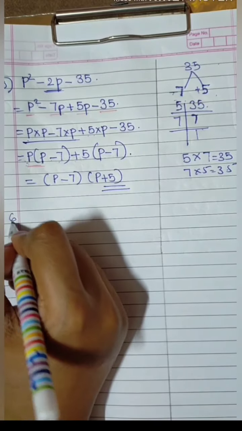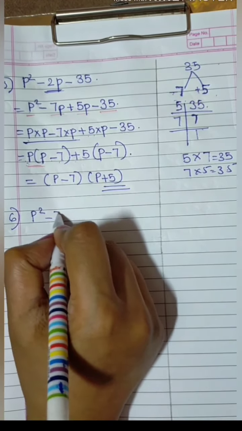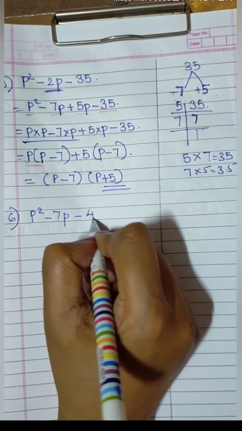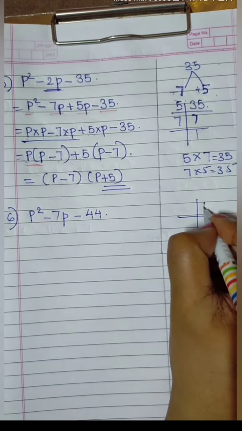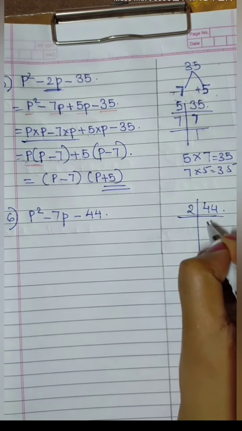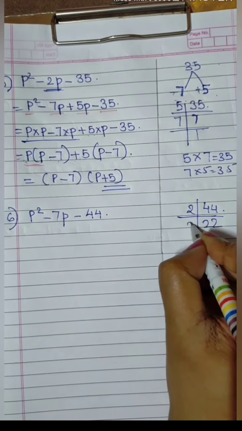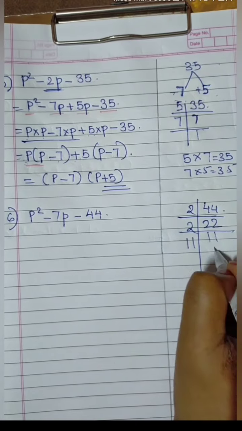Now I am going to solve the sixth one, that is p square minus 7p minus 44. Here 44 is given. Again we will try to find the LCM of 44: 2 2s are 4, 11 4s are 44.